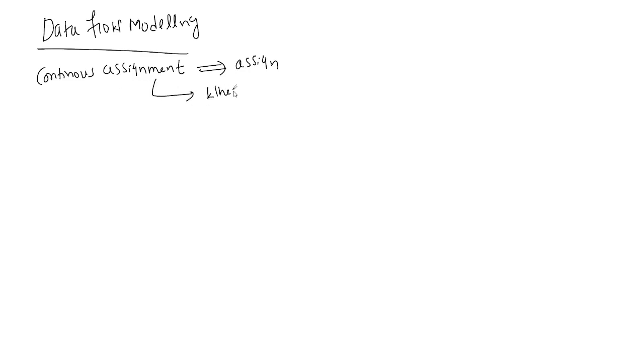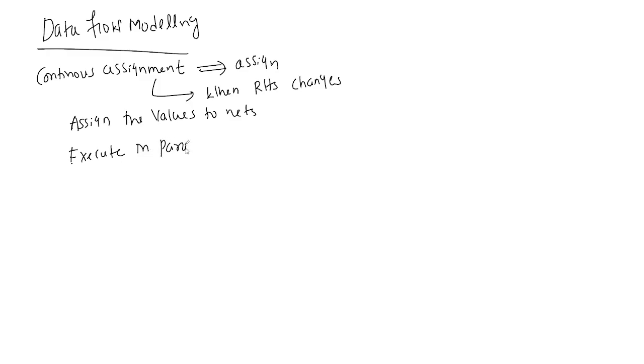We assign the values to nets. And this will execute in parallel, as I told you, Verilog is a concurrent, parallel language. And this is continuously active.